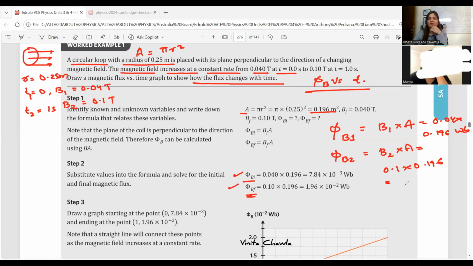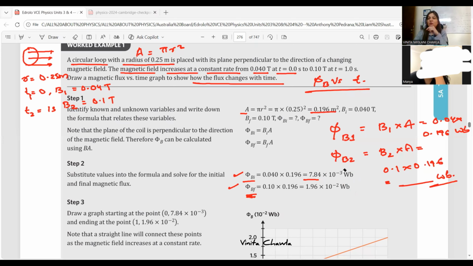We multiply to get the flux, again in Weber. So you can see the initial magnetic flux is of the order of 10 to the power minus 3, while the final magnetic flux is of the order of 10 to the power minus 2.